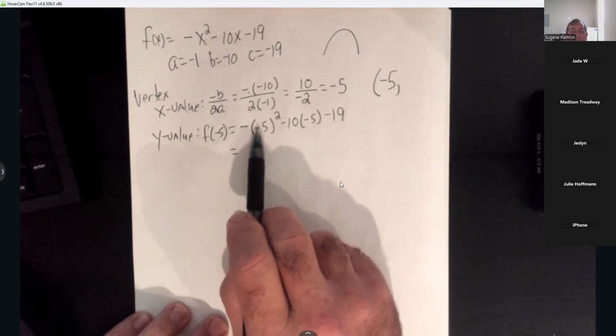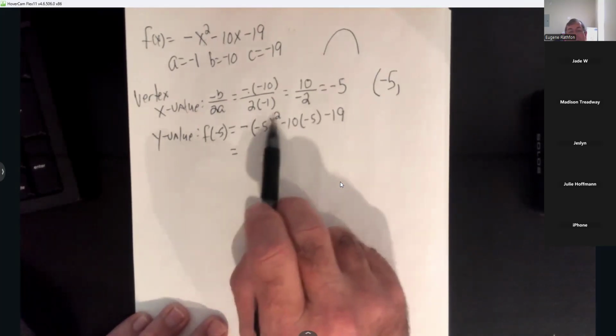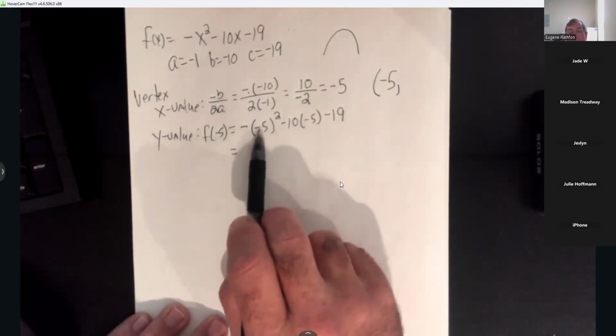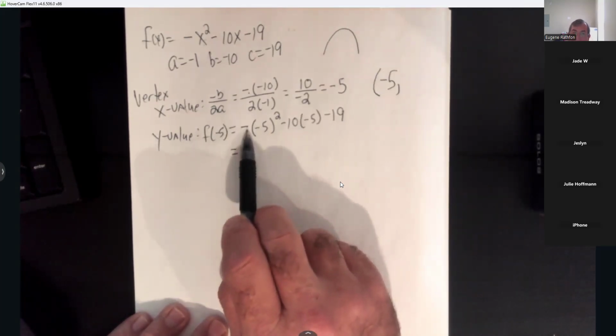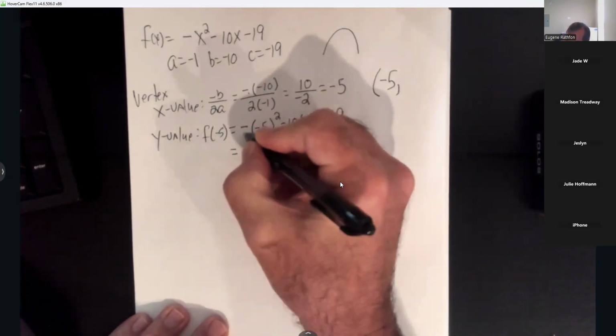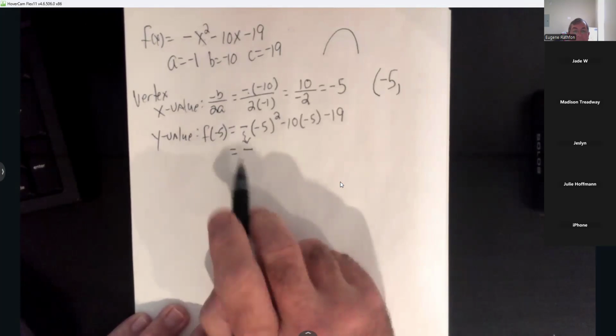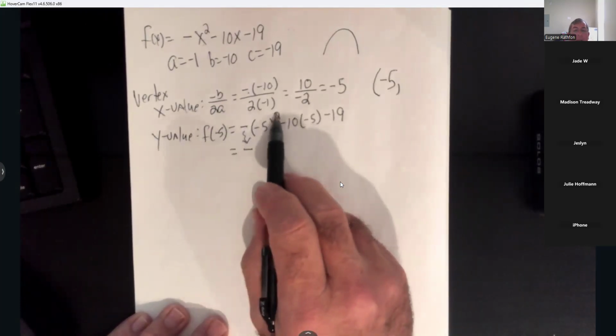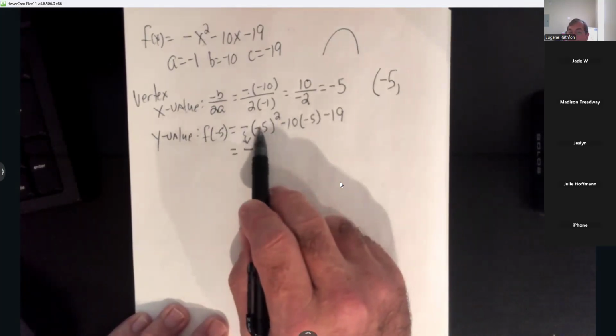This is not a negative times a negative. This -5 is being squared. So you really got a negative times a negative times a negative. So the best thing to do is bring this negative down right here. Figure out what -5 squared is.